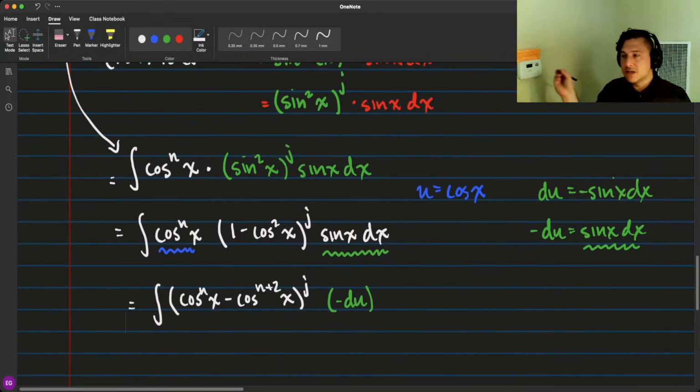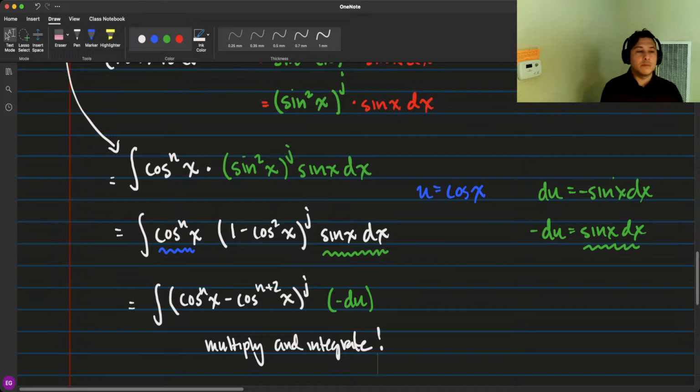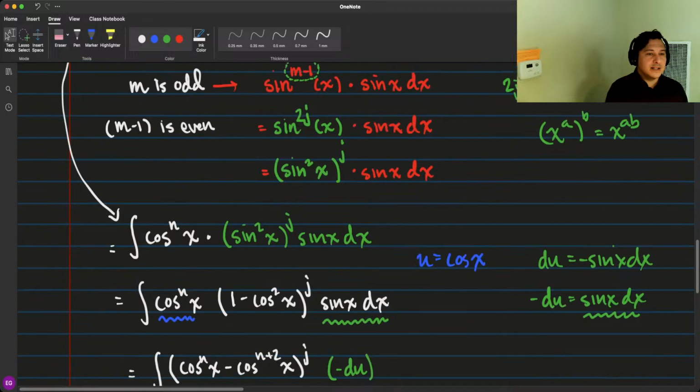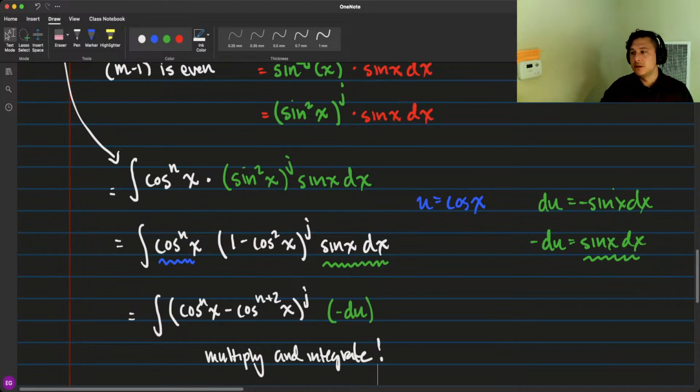And then after multiplying that out, you'll be able to integrate it and you'll get your answer. So this will always work, basically. My point is that if you have some power of cosine times some power of sine, and the power of sine is odd, then you're going to be able to do this.